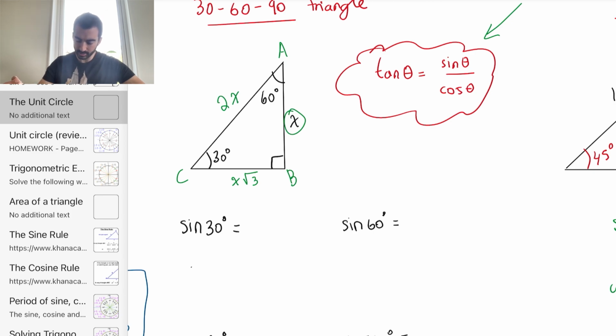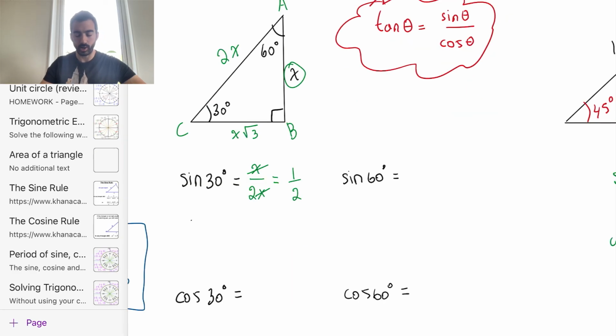Sine 30, we know that is opposite over hypotenuse, which is x over 2x, which, if we cancel out the x's, gives us 1/2. So sine of 30 is 1/2.